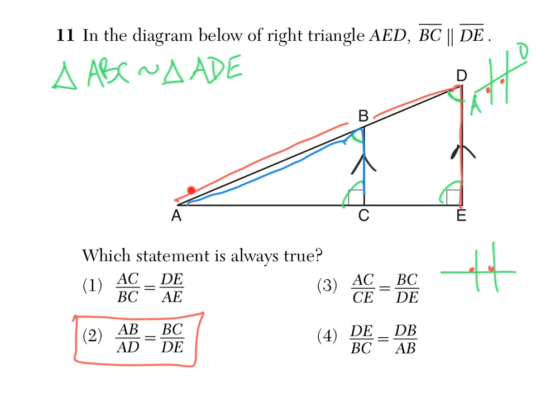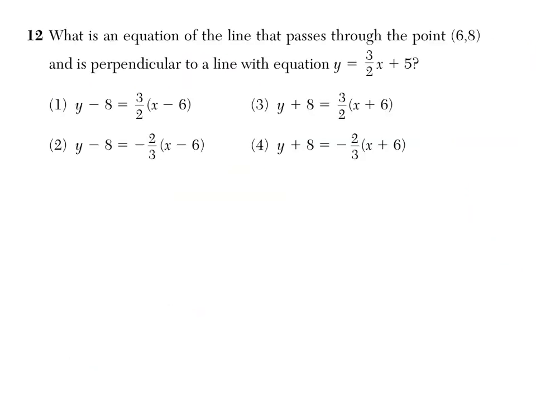So I see that we've got the hypotenuse of the small over the hypotenuse of the big equals the short side of the small, right, this blue triangle, over the short side of the big. So we've got AB over AD equals BC over DE. So you're going to think about the order of the letters. You're going to think about what it looks like visually to establish that this proportion is in fact true. Let's take a look at question number 12.